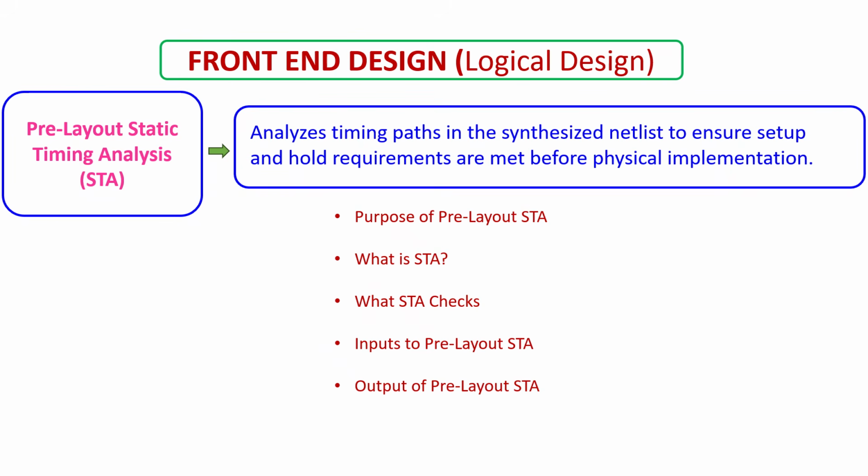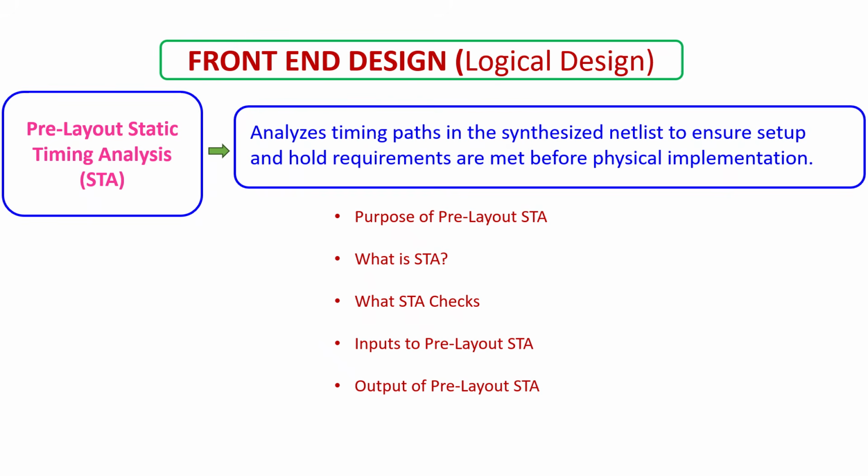What are the inputs given to this pre-layout STA? The inputs which we are giving are the synthesized gate level netlist, timing library .lib, and timing constraint .sdc. And what are the outputs we are getting from this pre-layout STA? We are getting the timing report, slack values, critical path reports, and violation summary.